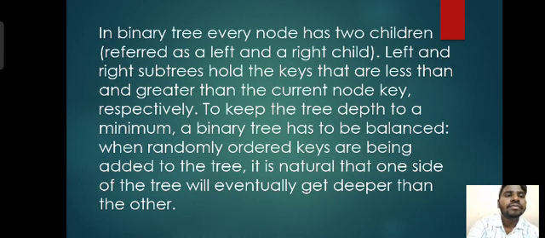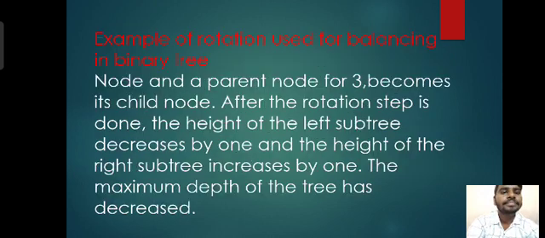In a binary tree, every node has two children, referred to as a left and a right child. Left and right subtrees hold the keys that are less than and greater than the current node key, respectively. To keep the tree depth to a minimum, a binary tree has to be balanced. When randomly ordered keys are being added to the tree, it is natural that one side of the tree will eventually get deeper than the other.